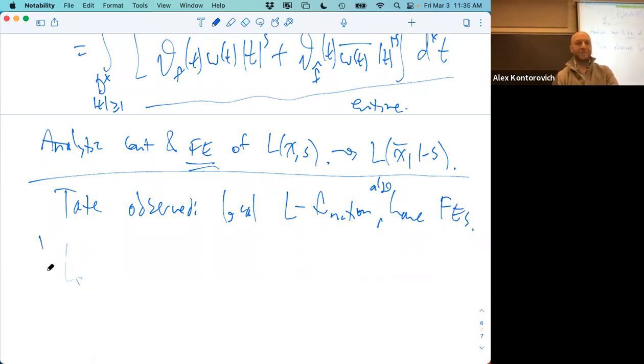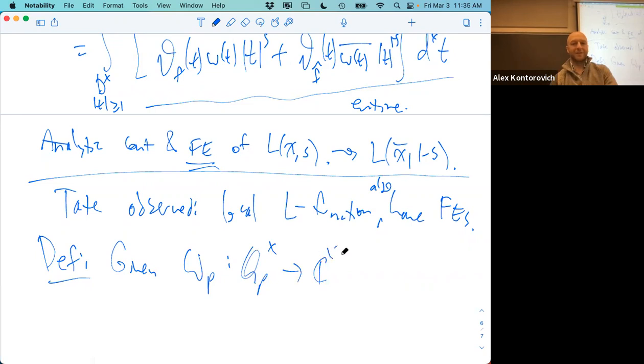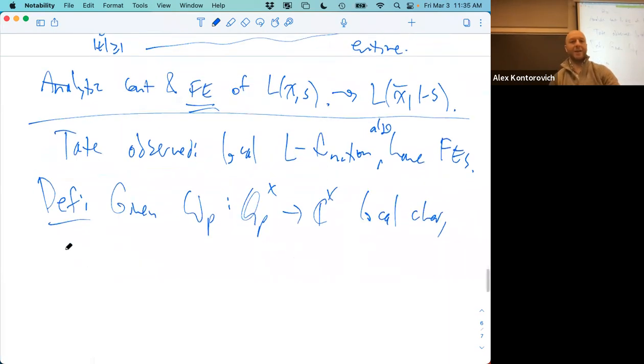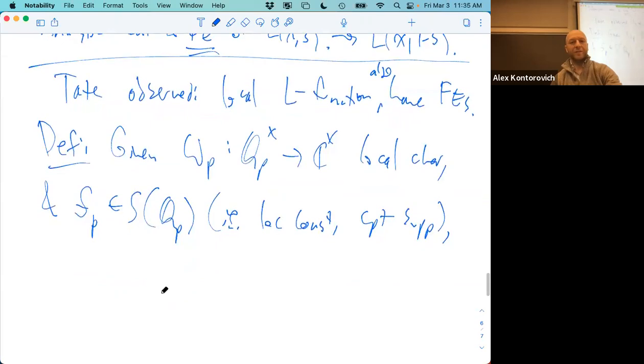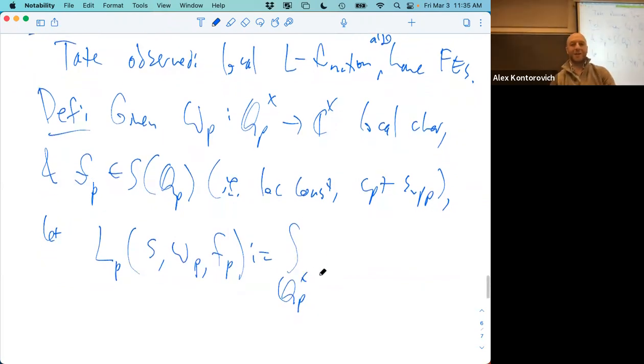Definition: given a local character omega_p, and given a local test function, a local Schwartz function, in other words locally constant and compactly supported, we define the local L function, L(omega_p, f_p), to be the integral over Q_p cross of f_p(t_p) omega_p(t_p) absolute value of t_p to the s_p star.